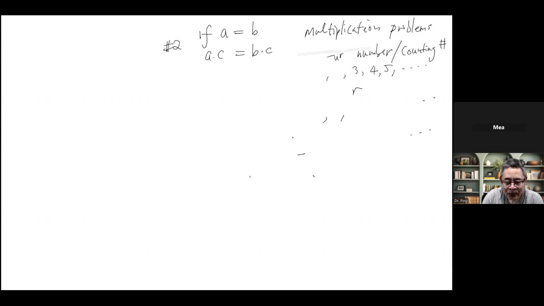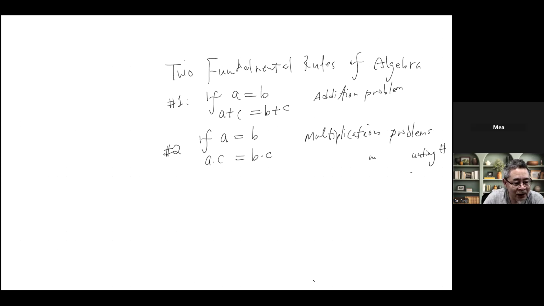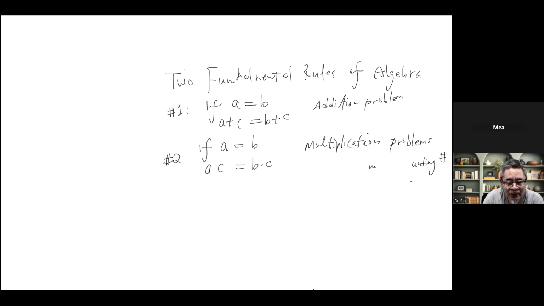So therefore, when we're looking at our fundamental rules, we can actually make our life a little bit easier. Like, for example, number 1, even though we say addition problem, that also includes, for example, if we have 3x plus 4 equals 9, we can add a number to it. Well, we can also minus a number.